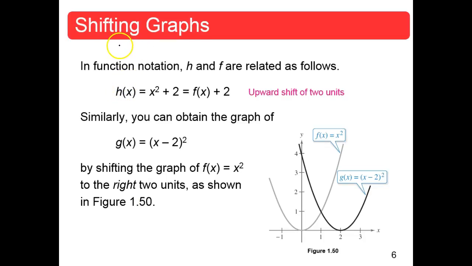If I were expressing it this way, h of x minus 2 is equal to f of x. This was my y before. Y minus 2 is equal to f of x. And basically what we're doing before, if you move it to the same side, you're subtracting.